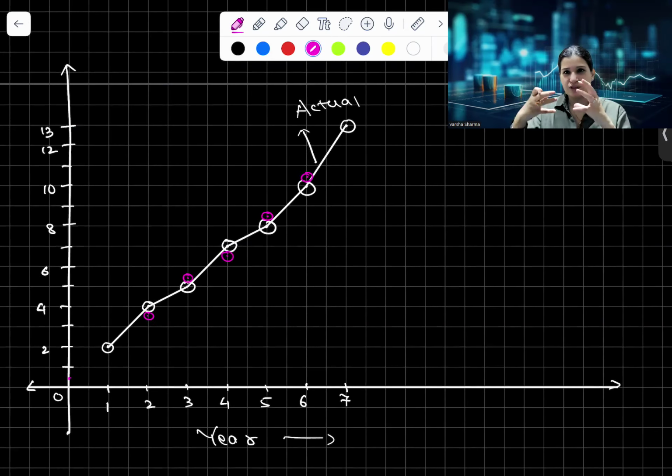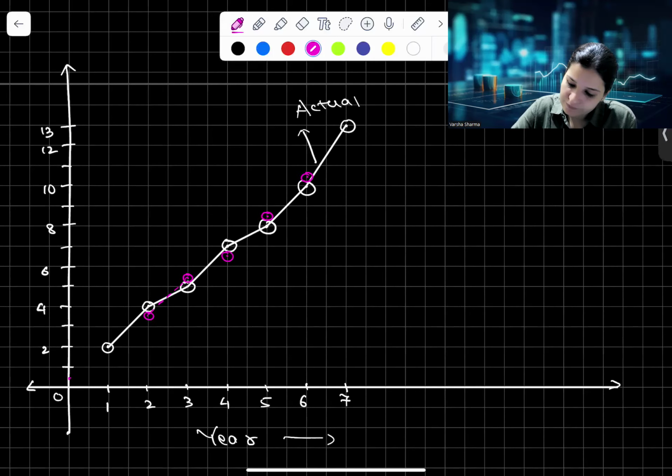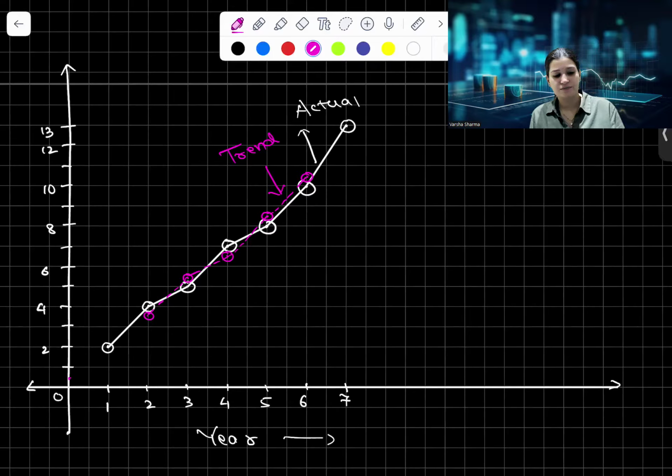It's always very closely knit. Now join them with the help of a dotted line, and this shows the market trend. This is your moving average graph.